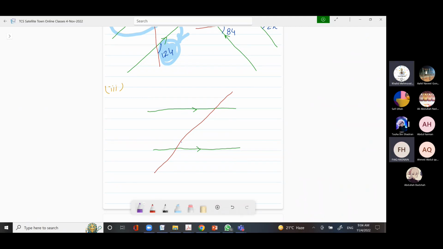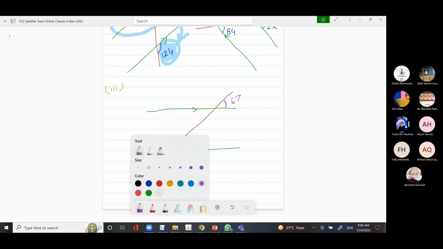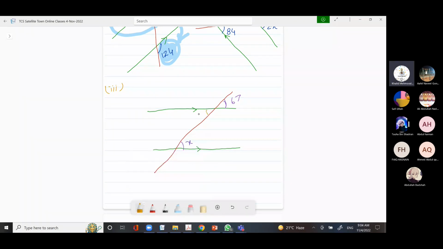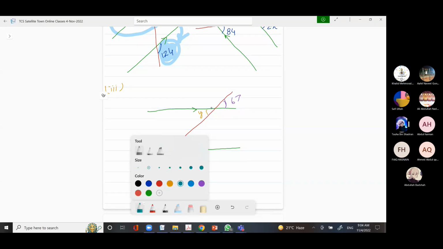Now, I'm giving you a question. This is the third question for Ali. There is X, and there is a value of 67. And what about the value of Y? And what about the value of another one, which is Z?